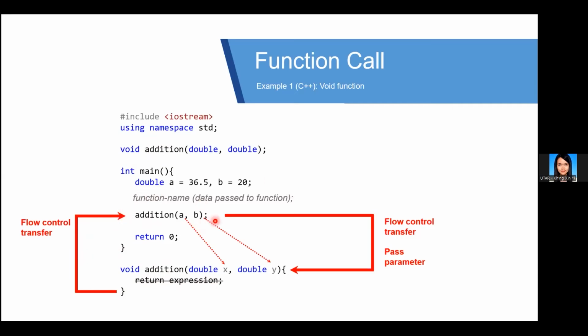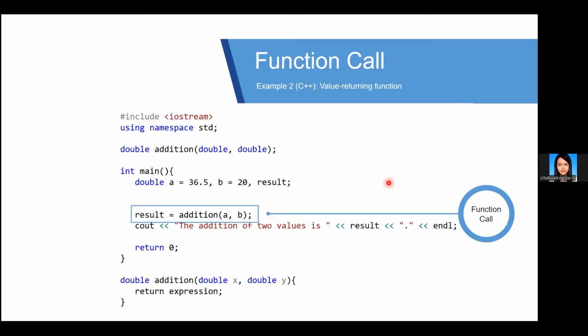So how can we call the function? You just need to include the function name and then the data passed to the function, these two pieces of information. Then if we proceed to the second example, we have the value returning function, which means that we are expecting that the function will return a value, a result, to the function caller.